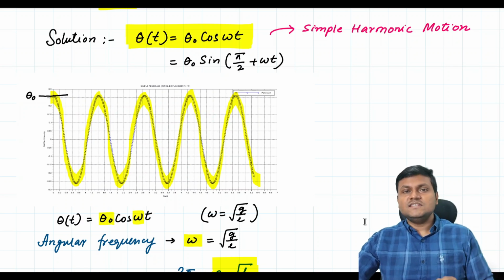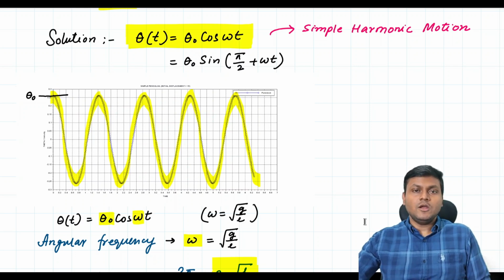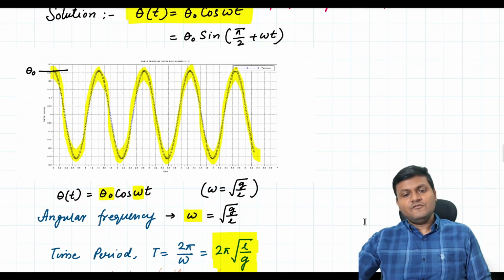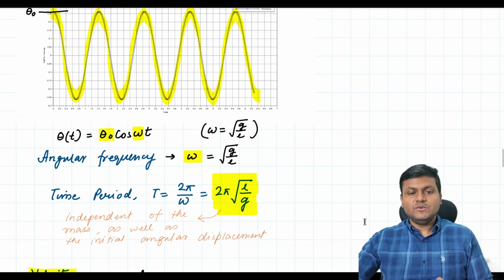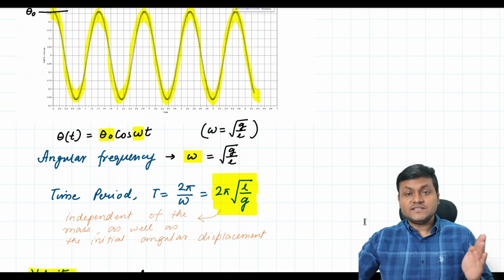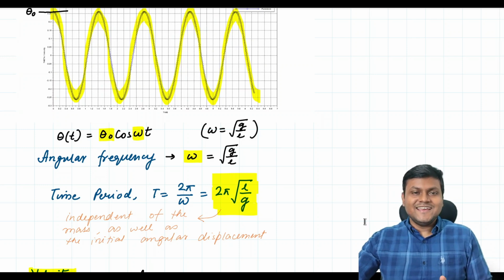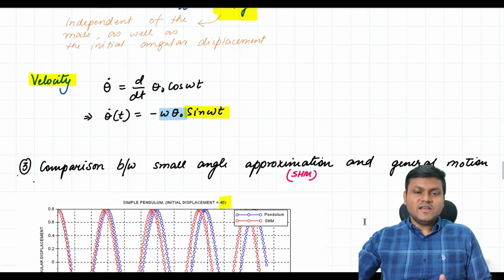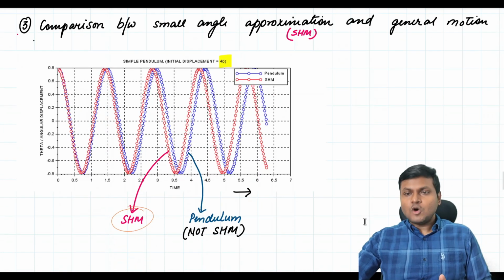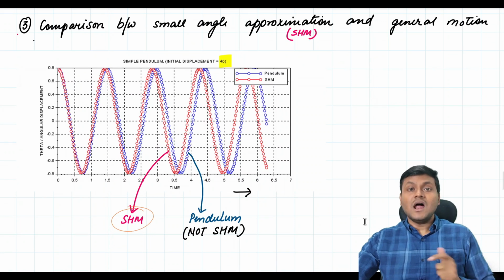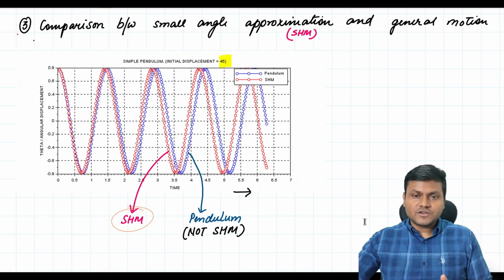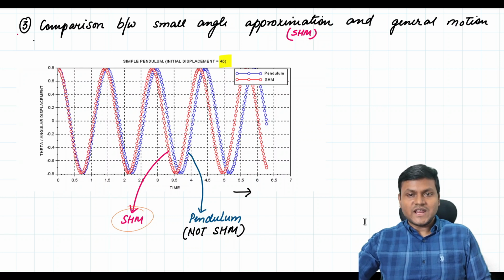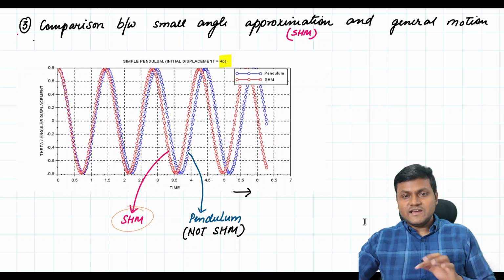From here we can see that for small angle approximations, the simple pendulum behaves in a simple harmonic fashion. From here we can calculate the angular frequency and the time period. It is interesting to see that the time period is independent of the mass as well as the initial angular displacement. I also obtained a similar graph from solving the differential equations for larger angles using computation software, where we can see that for larger angles, the actual motion of the pendulum develops a phase difference.